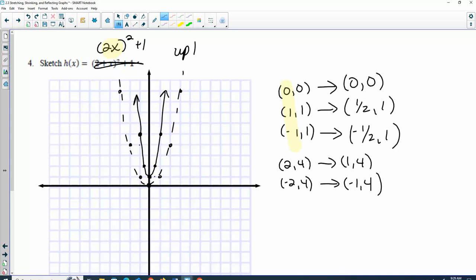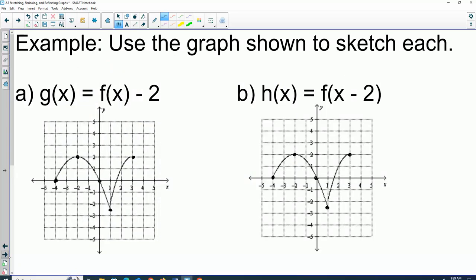Alright. The last ones here, I didn't give you the actual parent function. I told you it's a function with a minus 2 on the end. What would that minus 2 do? Down 2. So you just take a few points on your graph and move them all down 2.